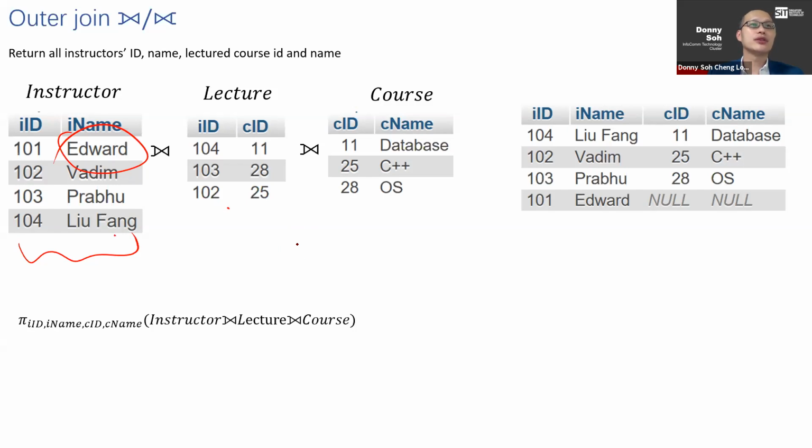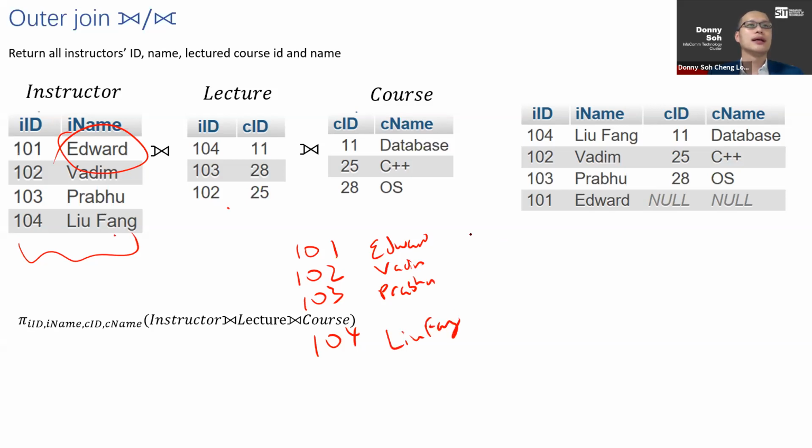When I do a left outer join, I'm going to end up with 101, 102, 103, 104, Edward, Radium, Gu, Liu Fang.